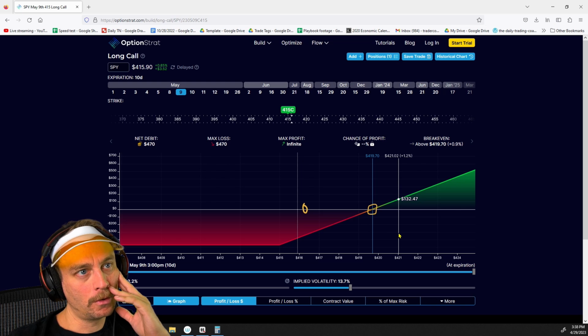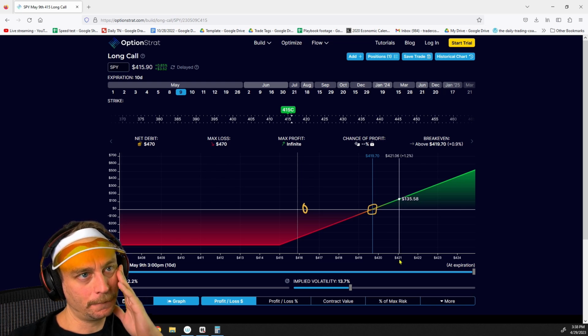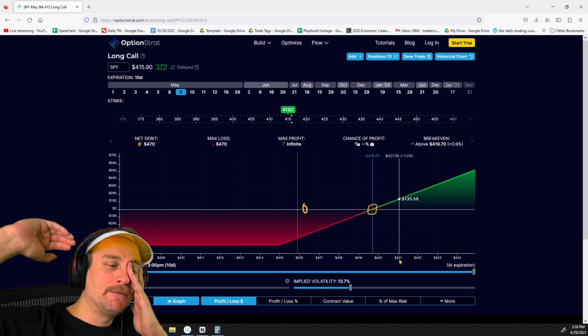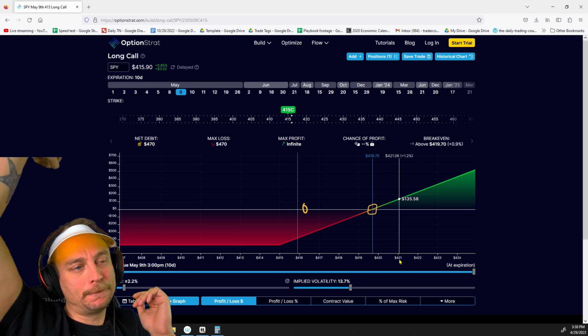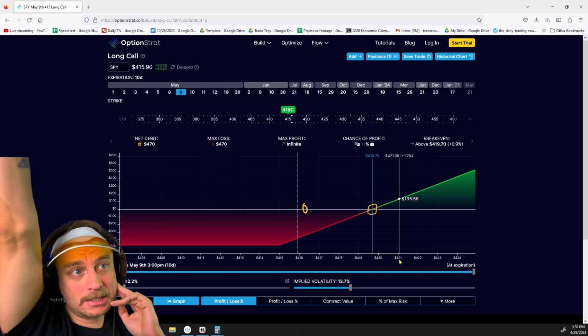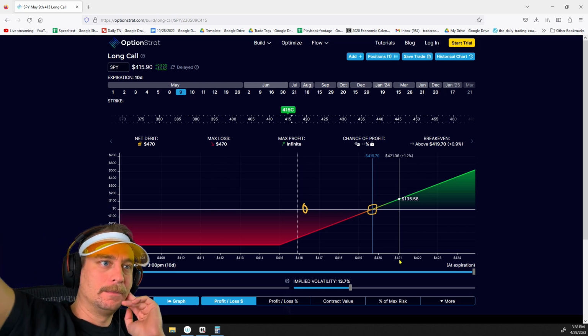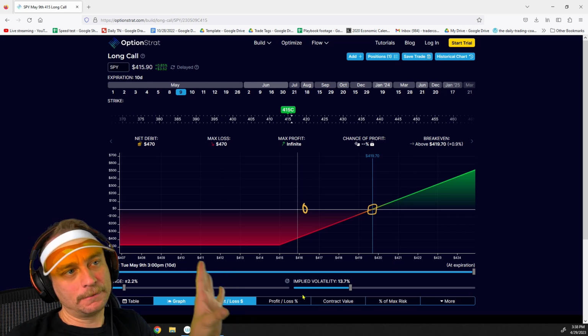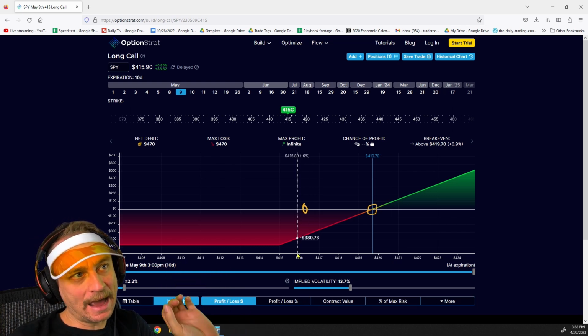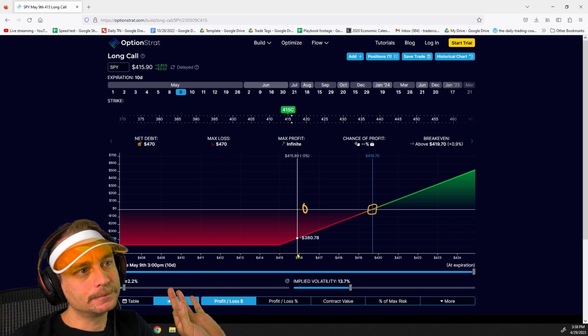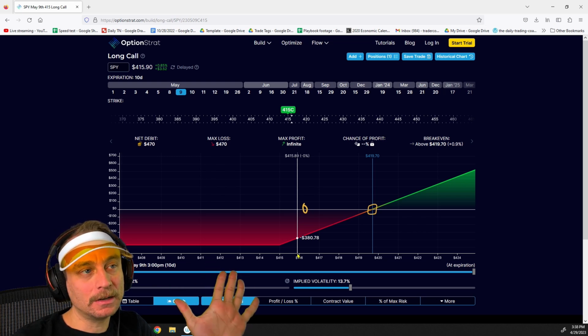So at the 421 strike, if the market expires at the price of 421, okay? No, I'm sorry. If the market closes at 416, the market didn't move.